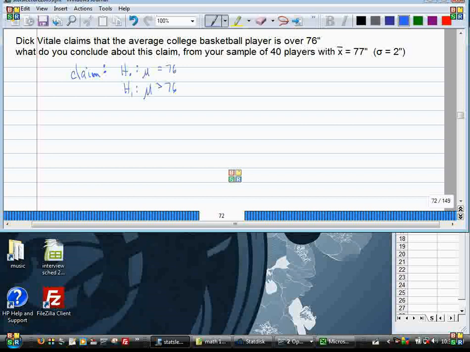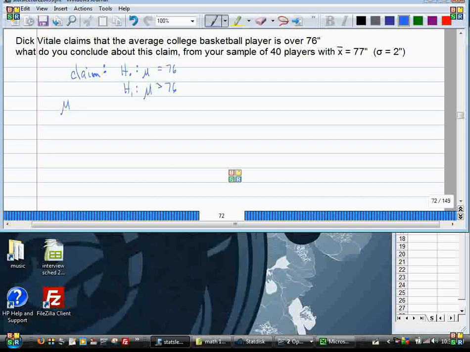Okay. So now that we've got this, what's the next thing we do? We can't draw the picture yet. We have to analyze the distribution first. So how do we do that? When we talk about a distribution, what are the things that we have to write down? Mu, but not just mu.